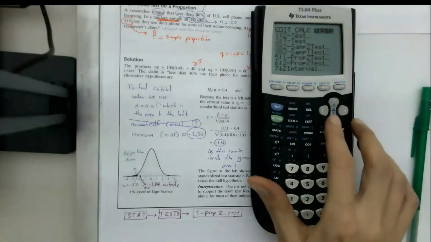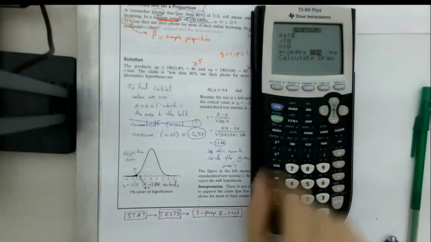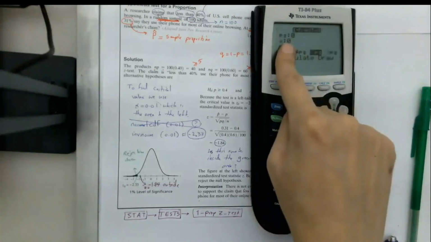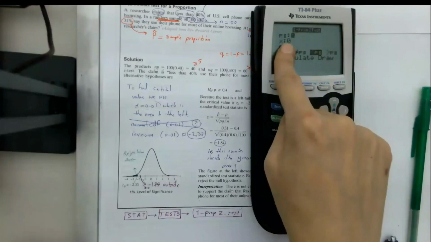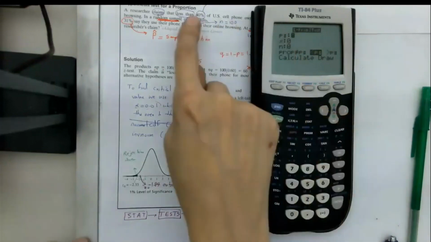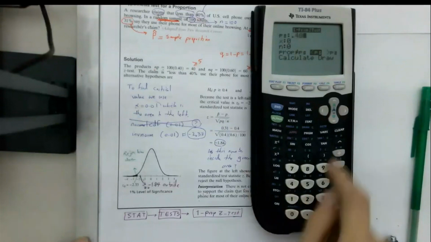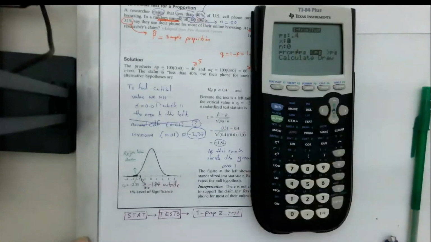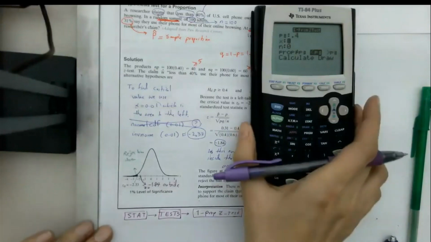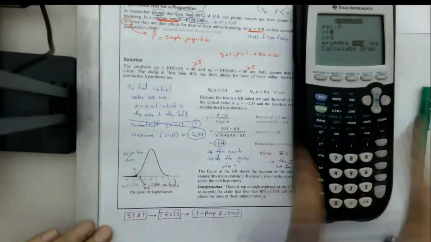One proportion z-test. So what is p sub 0? p sub 0 is actually 40%, so 0.40. What is our x? What is our n? How do you identify your x and your n?